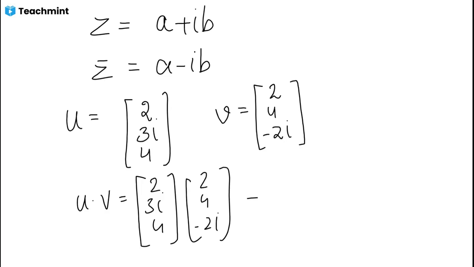Ma'am, so it has to be a complex number? Yes, because to show conjugate, okay? I understand that for conjugate it has to be complex, but this bivariate mapping is the inner product of a vector space, right?